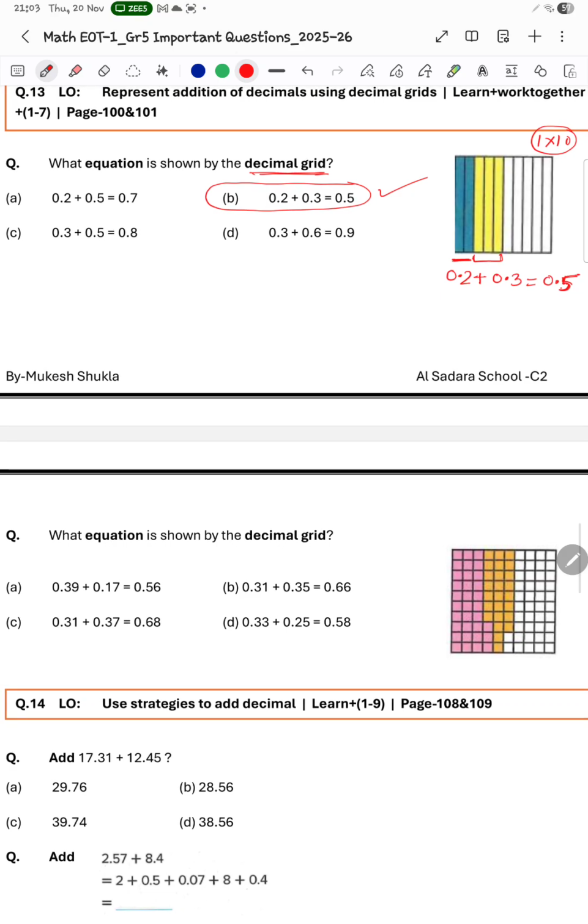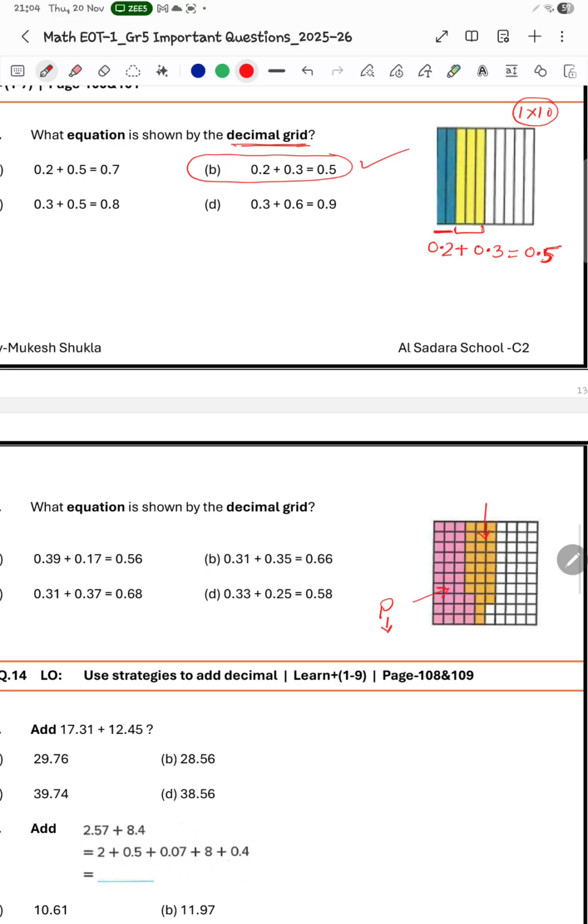Same here, I have two colors in the grid, that means it is plus. So count the boxes for pink, and then count the boxes for yellow. Pink, I will use P. How many boxes for pink? 10, 20, 30, 33.